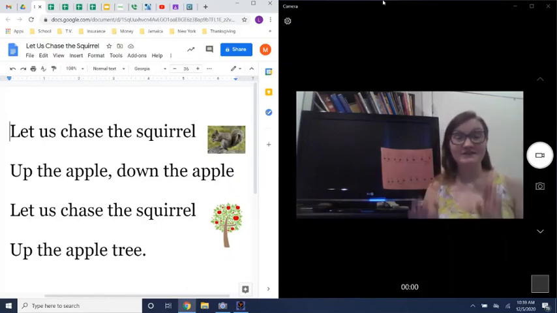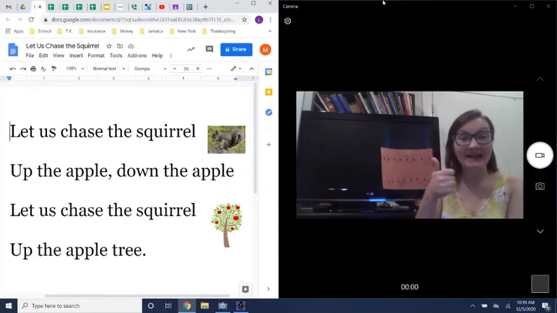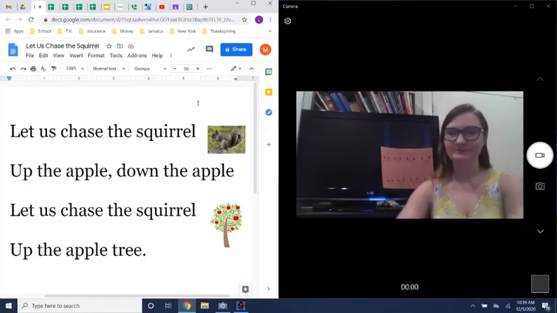Let us chase the squirrel up the apple, down the apple. Let us chase the squirrel up the apple tree. Nice job patting our tied quarter note beat and singing at the same time.